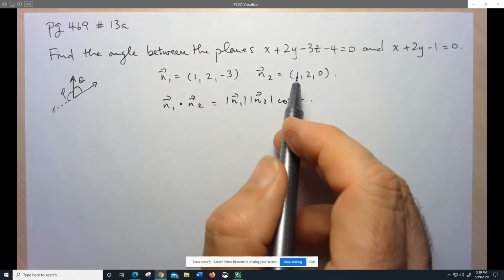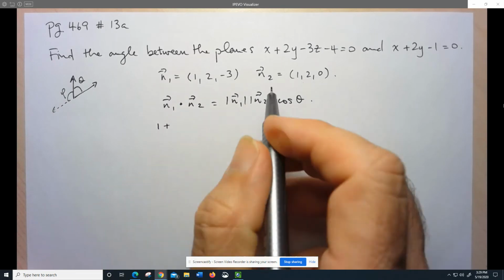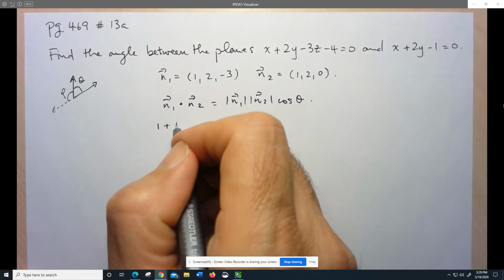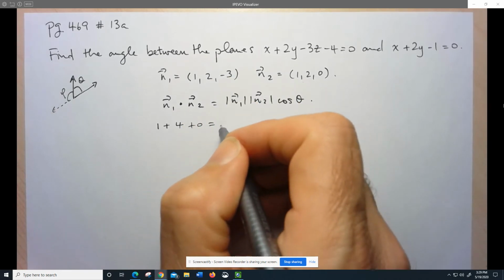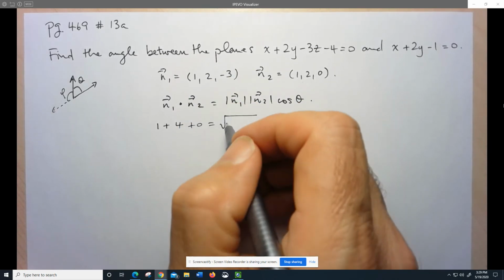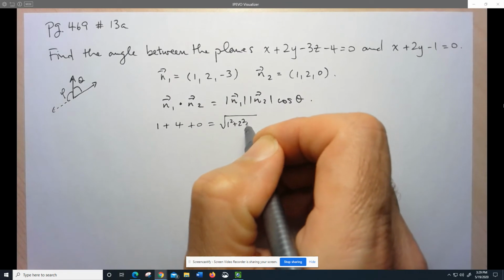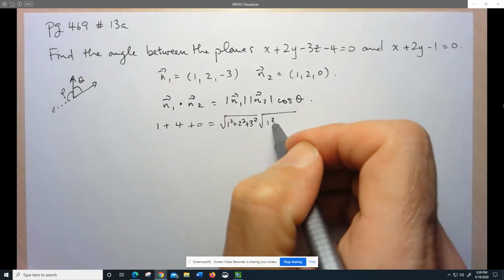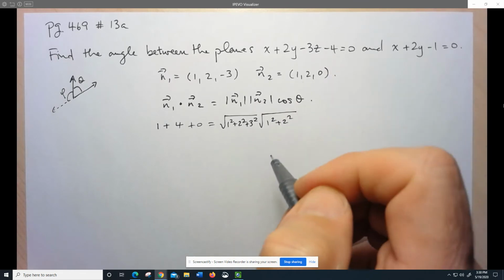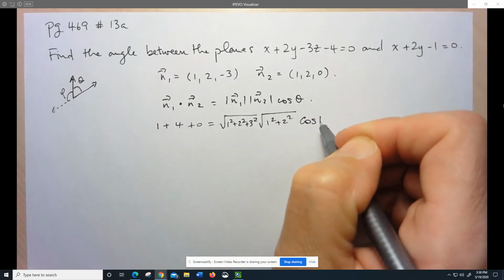Here we have 1 times 1 is 1, plus 2 times 2 is 4, plus -3 times 0 is 0. And here we have the square root of 1 squared plus 2 squared plus 3 squared. Here we have 1 squared plus 2 squared plus 0 squared. And then cosine of theta.